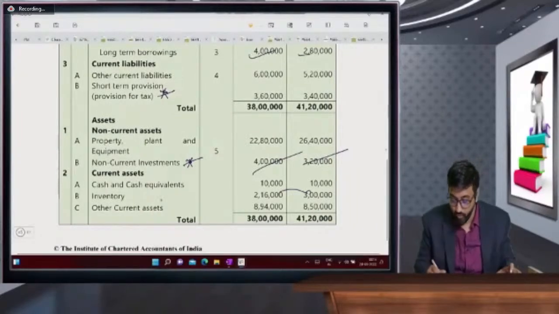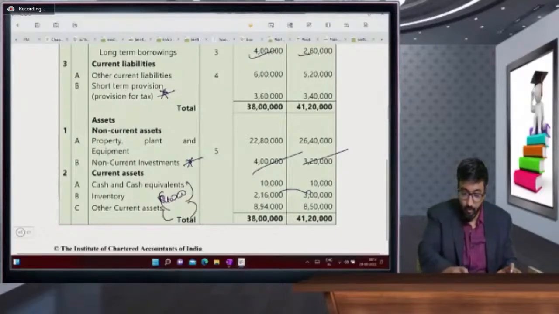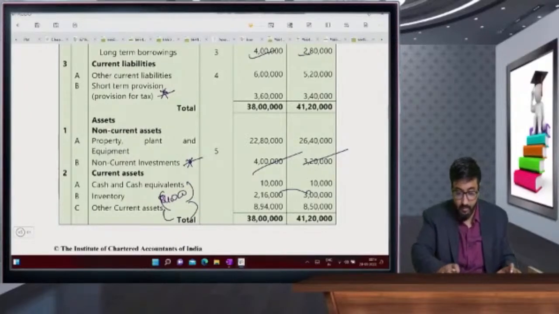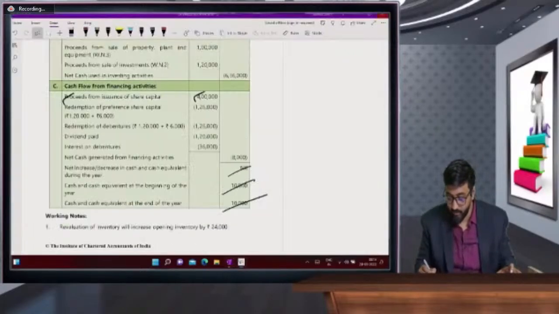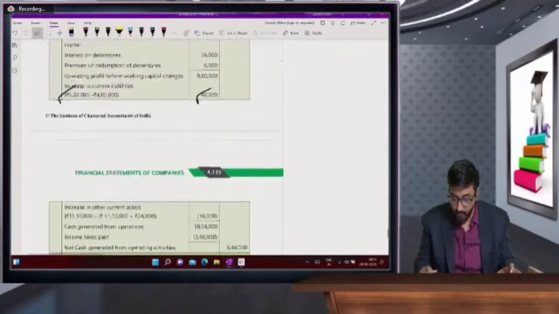So where to show this? 84,000 working capital adjustment negative figure, and 894 to 850 is a decrease, decrease means inflow. So this is not negative. 84,000 negative, 44,000 positive. You can check the answer.